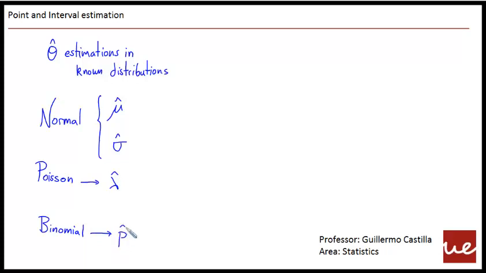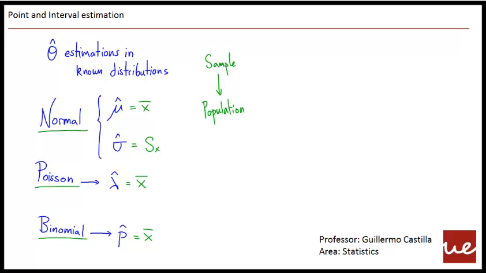So what we're going to do is estimate the population variables of the mean of a normal, the standard deviation of a normal, the lambda of a Poisson, and the p of a binomial. As you can see, all of them are the mean of the sample, except for the standard deviation of the normal, which would be the standard deviation of the sample. So for normal, Poisson, and binomial we can each estimate the variables of the population, mu, sigma, lambda, and p, through the variables of the sample.